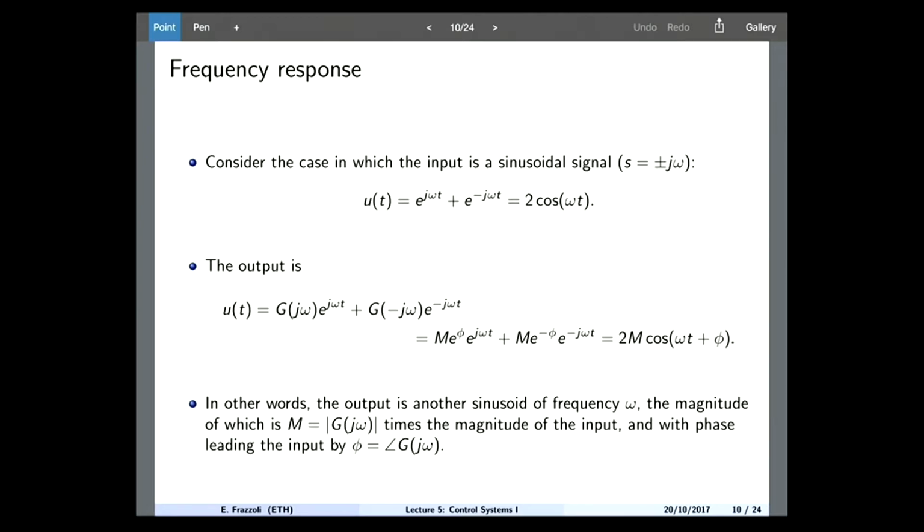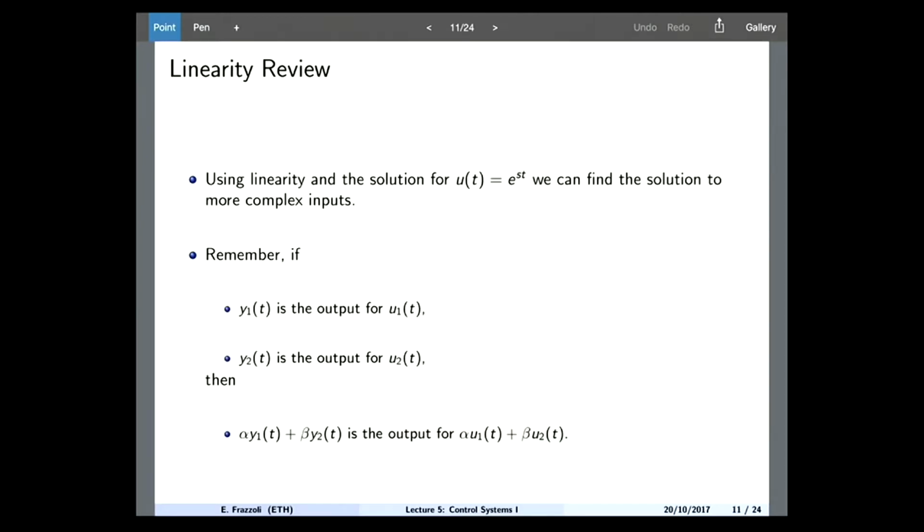So let's get back to this. Remember that in general, if we know the response to an input of the form, say, e to the power st, we can find the solution to more complex inputs.